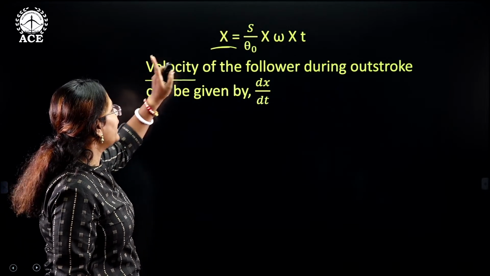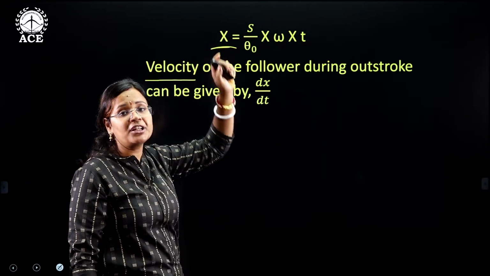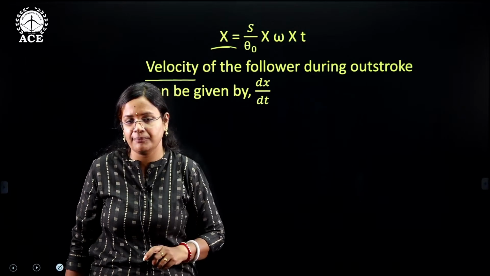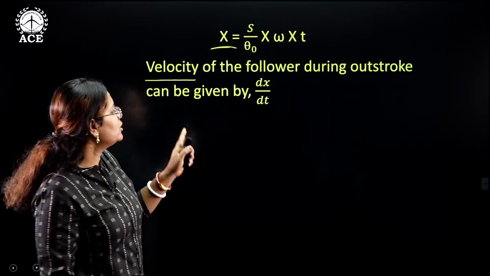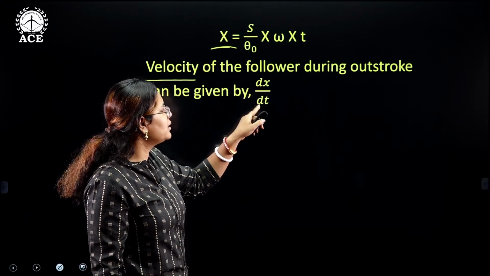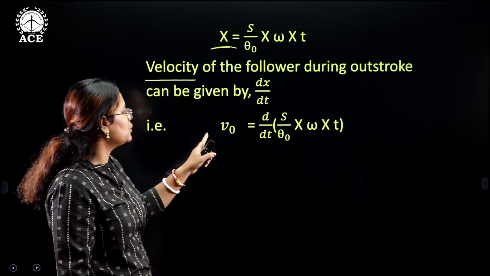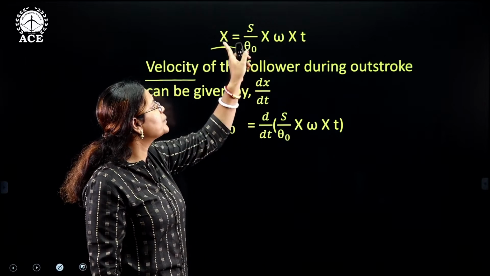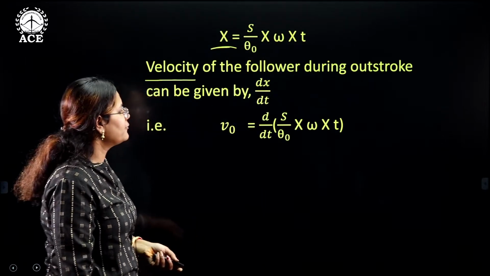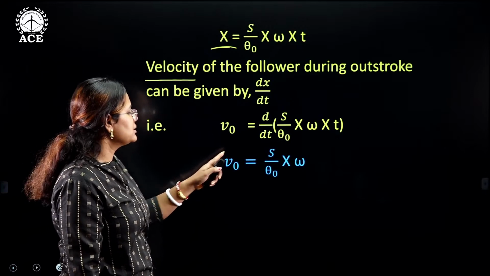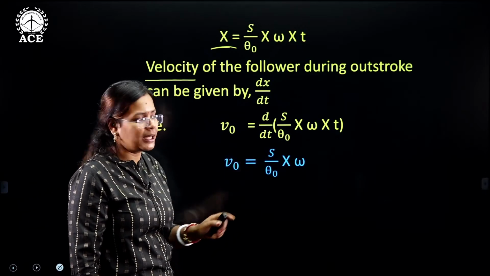If I have the x term, the displacement, and differentiate it with respect to time, we get the velocity. So dx by dt. If I differentiate that, v naught is equal to d by dt of this particular x term. And finally, v naught is equal to s by theta naught into omega.